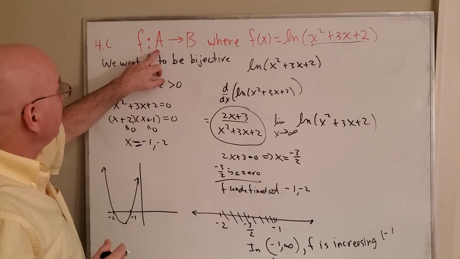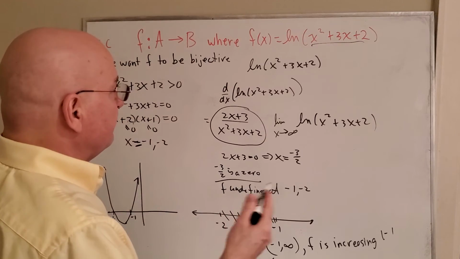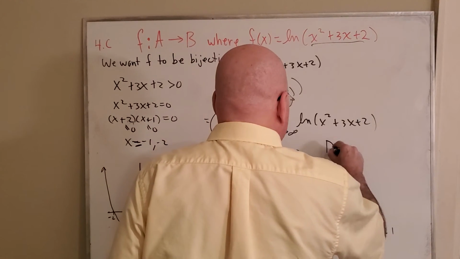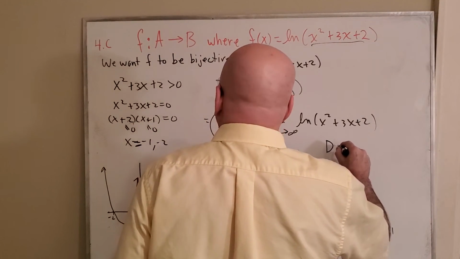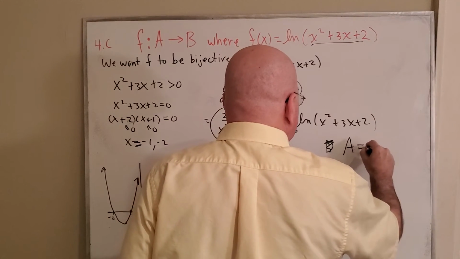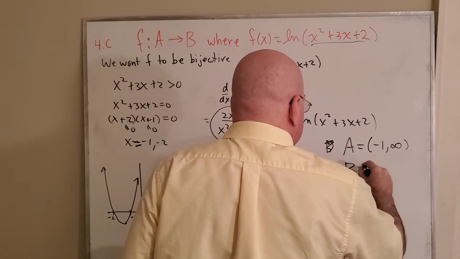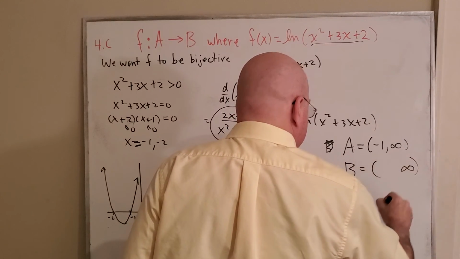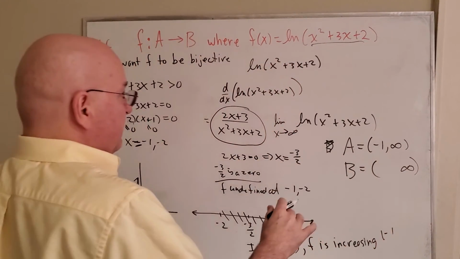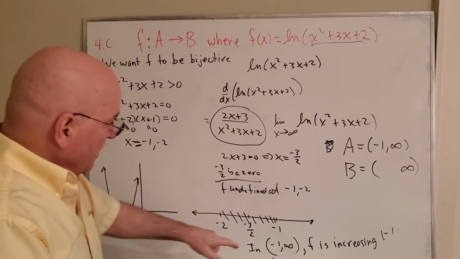I would pick negative 1 to infinity. So we've got the domain being a, negative 1 to infinity, and b is something to infinity. We know it goes up to infinity.